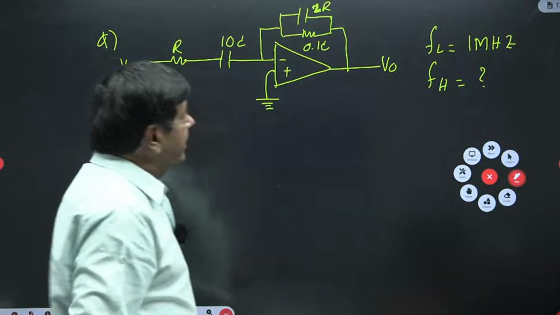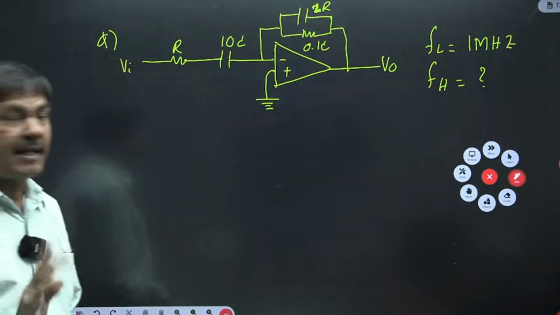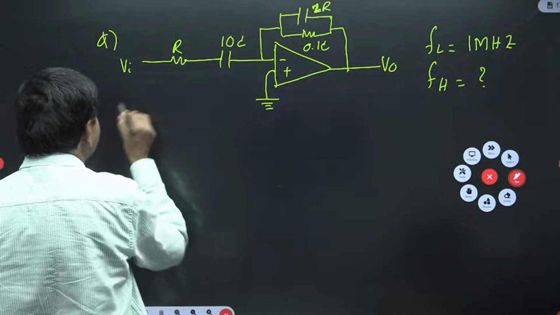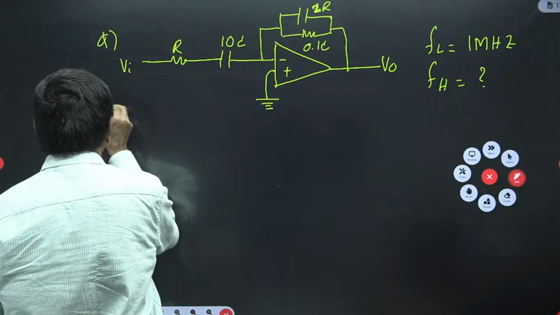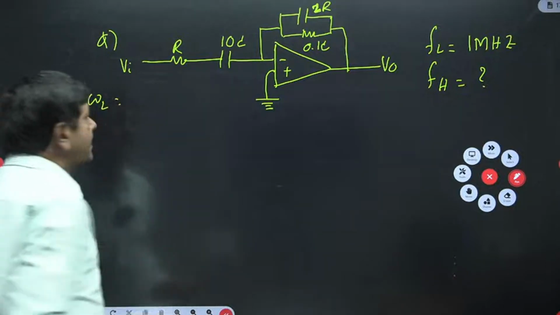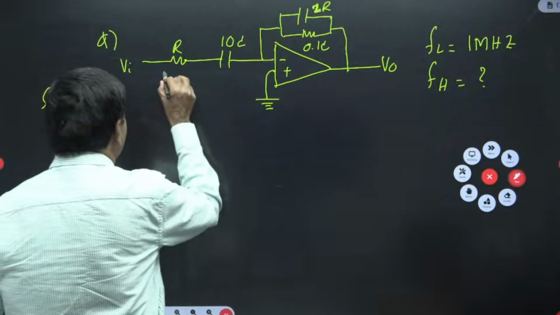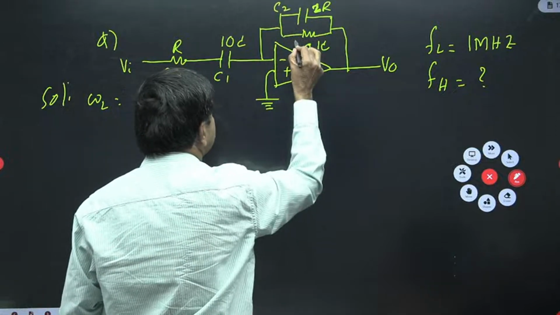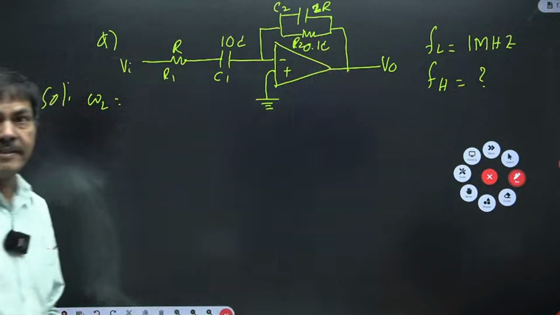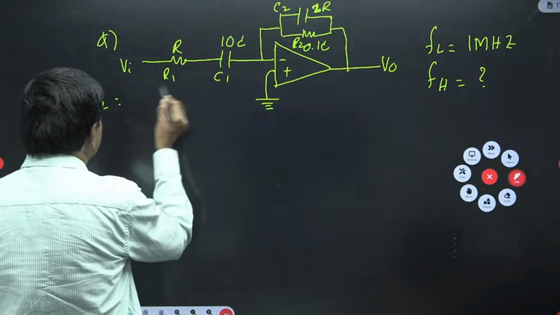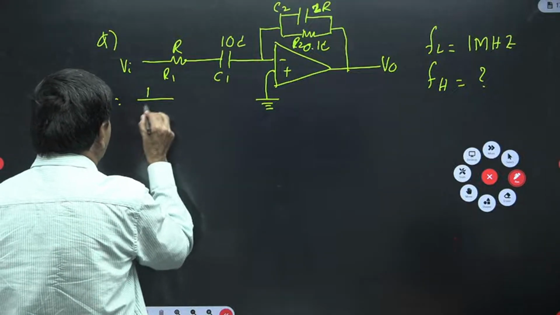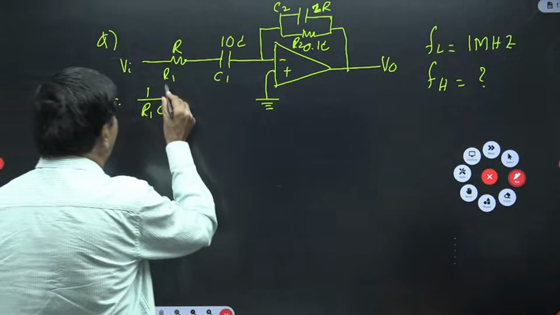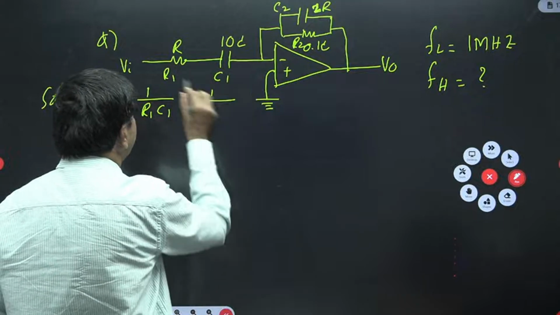From this circuit, we can get the two cutoff frequencies, the low cutoff frequency and the high cutoff frequency. The low cutoff frequency WL is calculated by 1 by R1 C1, where this is the R1 value, this is the C1 value, this is the C2 value, and this is the R2 value. WL is 1 by R1 C1, which means 1 by 10 RC.